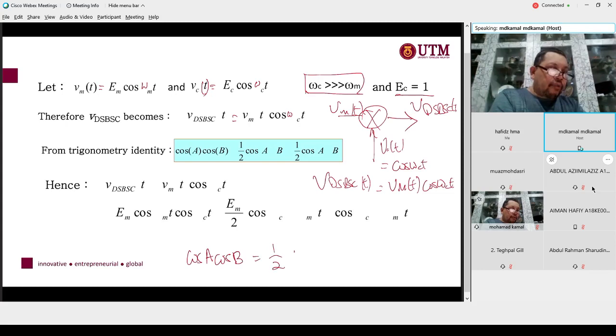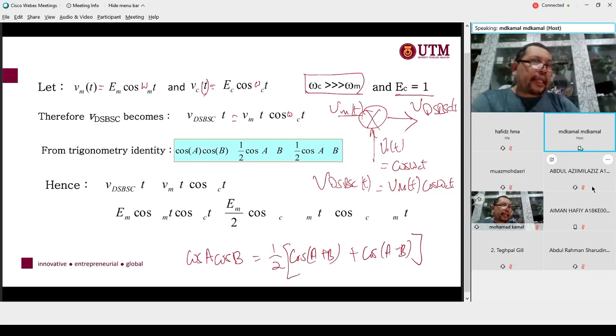You can find a half cos (A plus B) plus a half cos (A minus B). This is standard trigonometry that everybody should know. So if you have cos A cos B, plus minus.